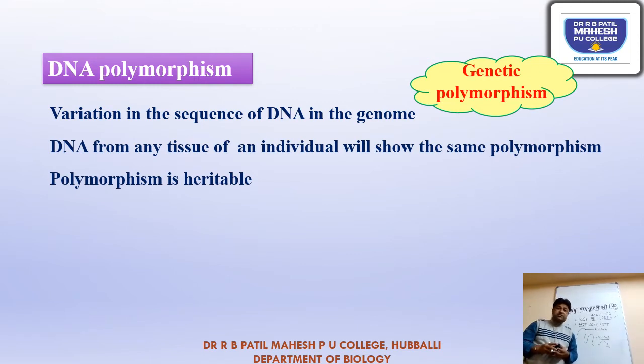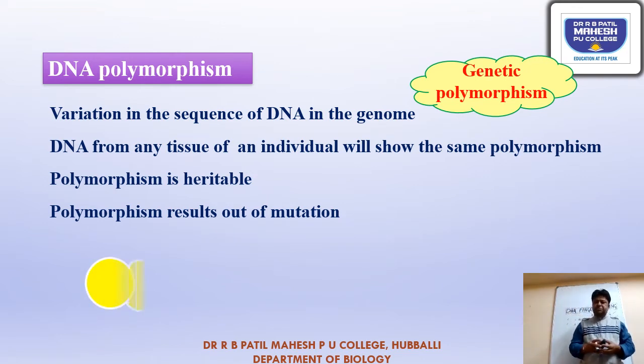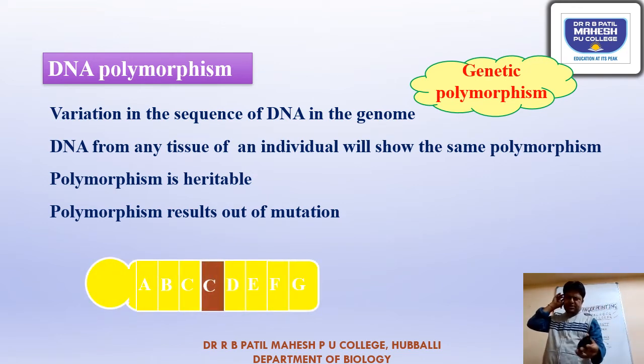So these changes are heritable and mutable, they result from mutations. This is an example, A, B, C, C, D, E, F, G. So one nucleotide is added to that repetitive DNA that results in polymorphism.